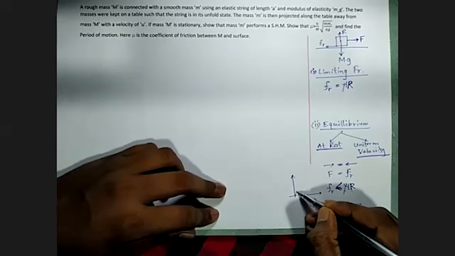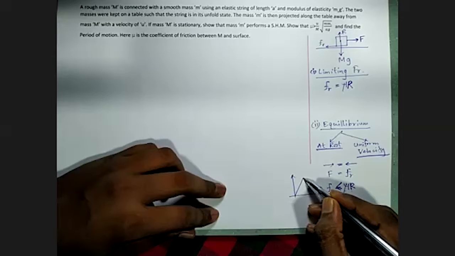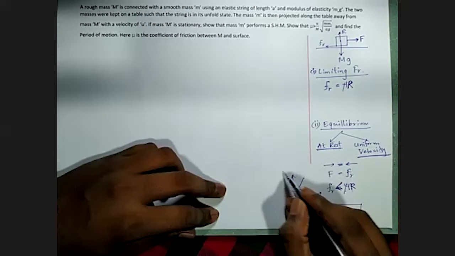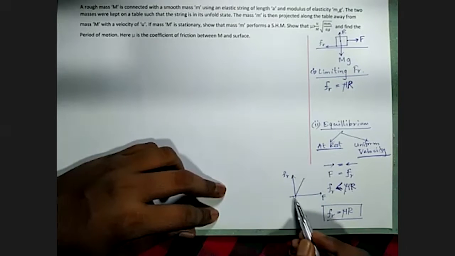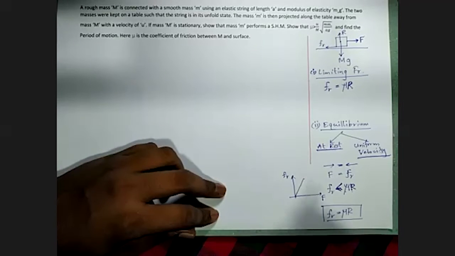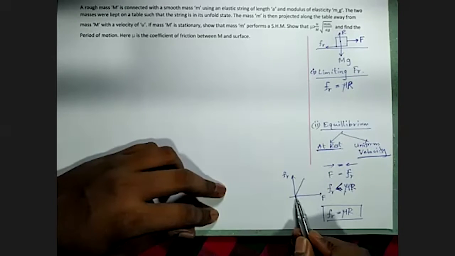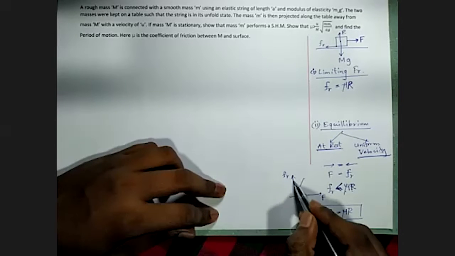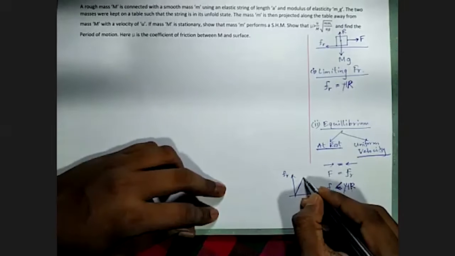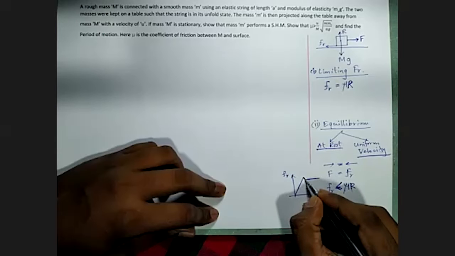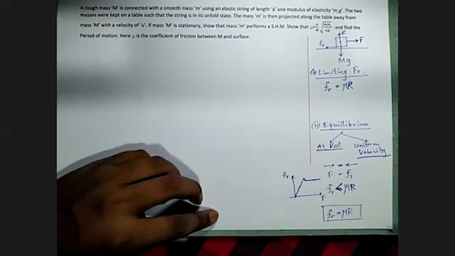In O levels, you had this graph from 0 to limiting friction. The value of friction increases with applied force. With this applied force, friction also increases linearly like this. After reaching limiting friction, it will drop to a certain value and again continue like this.